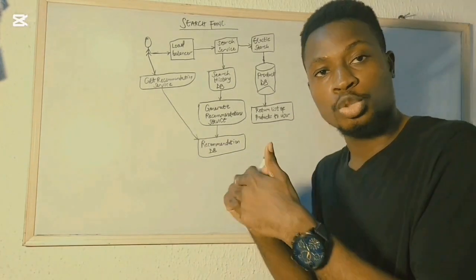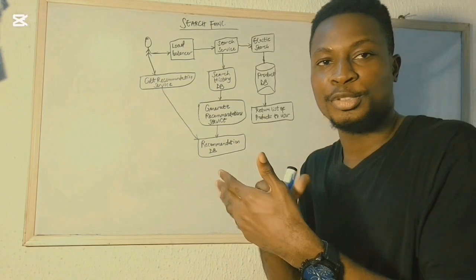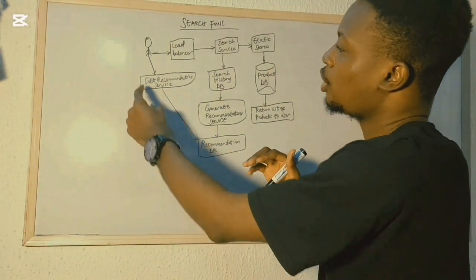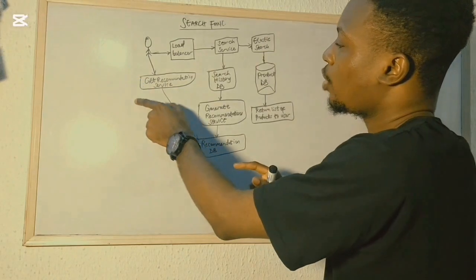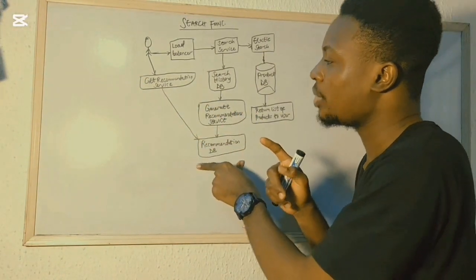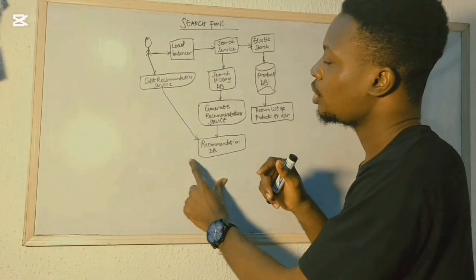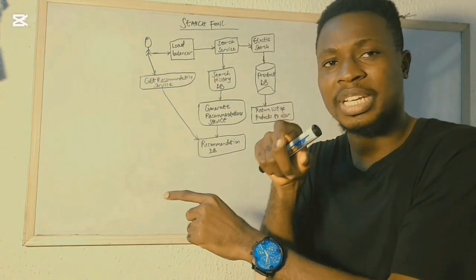So whenever you open Amazon, Flipkart or Jumia, whenever you just open the app, it's going to hit our get recommendation service. Our get recommendation service is going to go to our recommendation database, and it's going to give back recommended products for you specifically.